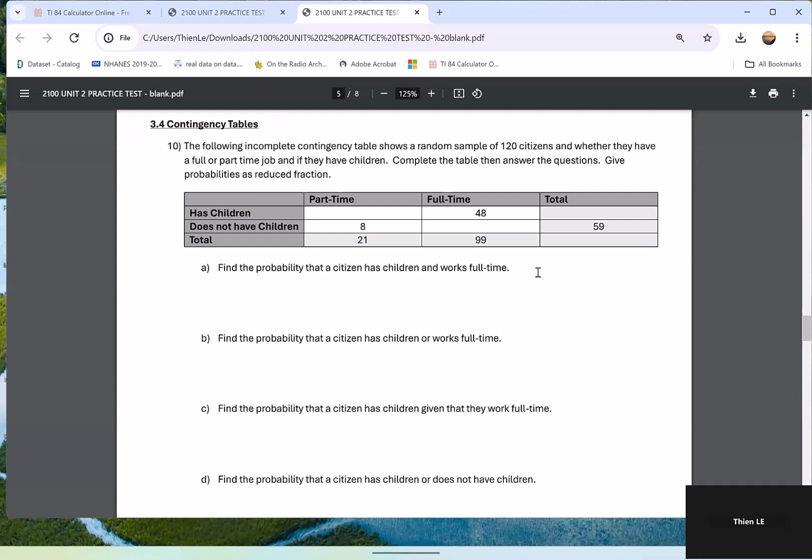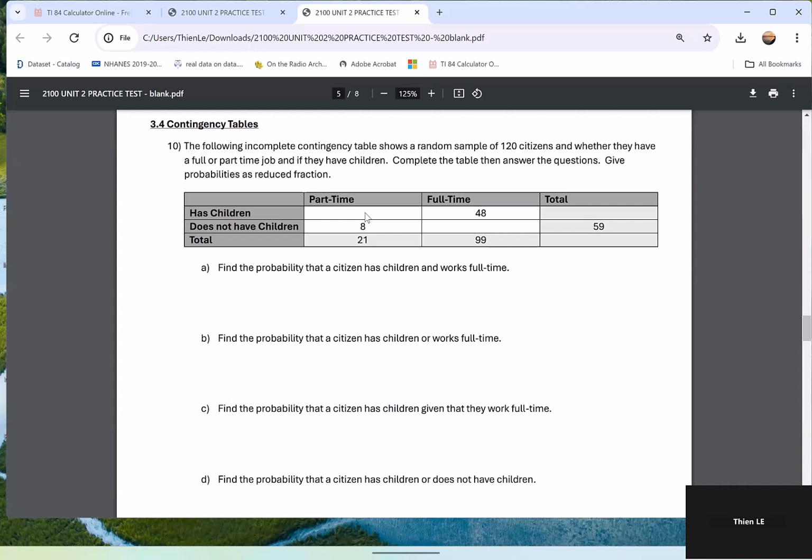So in this case, you can see that the total for those who don't have children is 59. So for sure, this will be in part-time, which means full-time should be 51. In this case, you get 21 in part-time, and those who do not have children, so you can also go here, which means this will be 13.